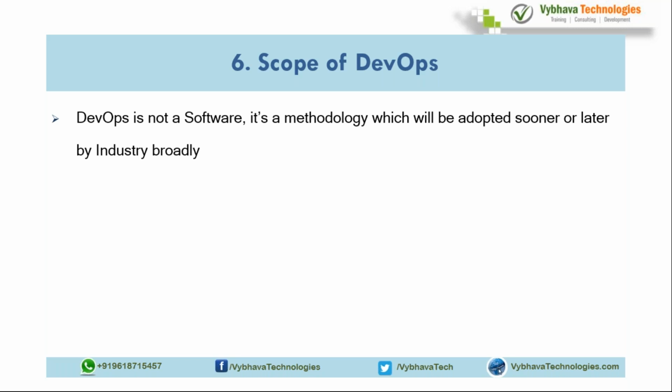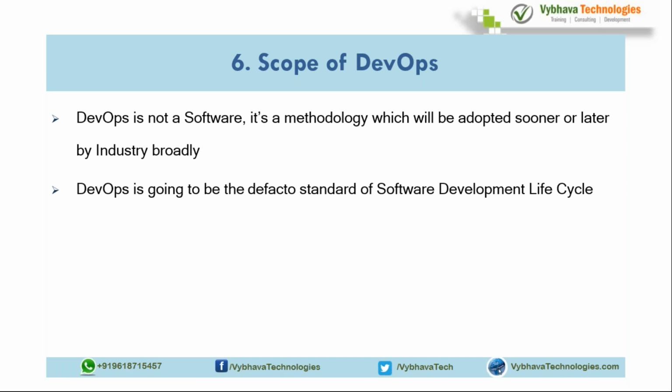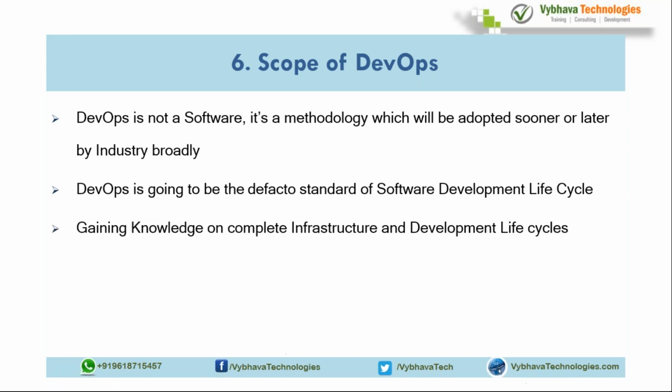And right now, cloud is a leading technology. So cloud needs DevOps engineers, DevOps architects, DevOps QA, SREs. DevOps is going to be the de facto standard for the software development lifecycle.